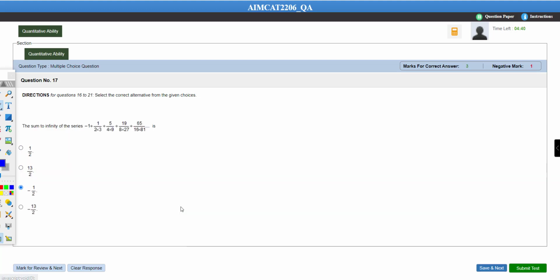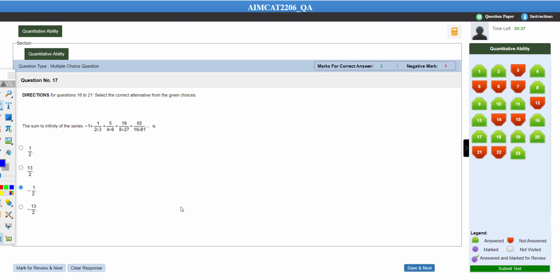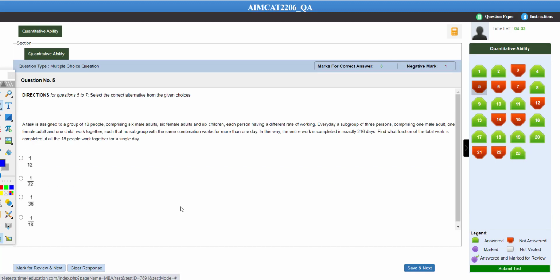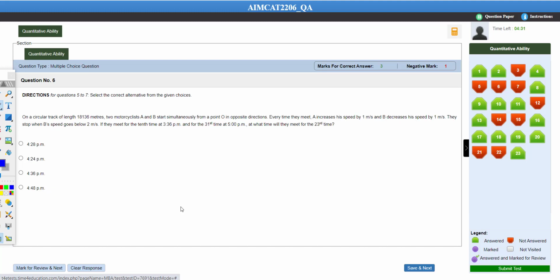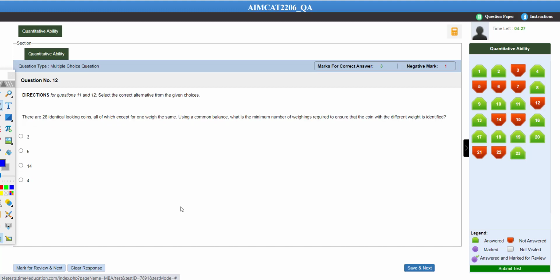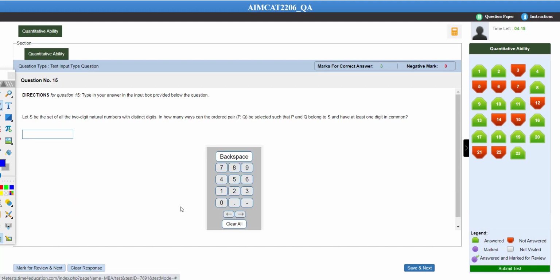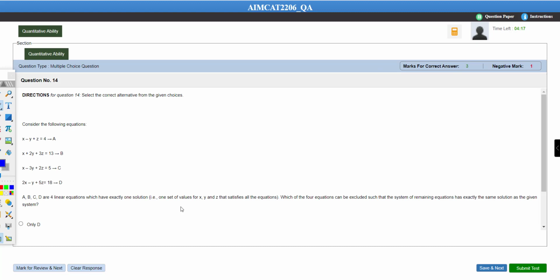After that, look here, we are left with 4.5 minutes. Let's see which other question we can attempt. Hold on, this one we can try over here. Look here, 14th will do because it's a linear equation and it looks easy but lengthy. Let's have a look at it.